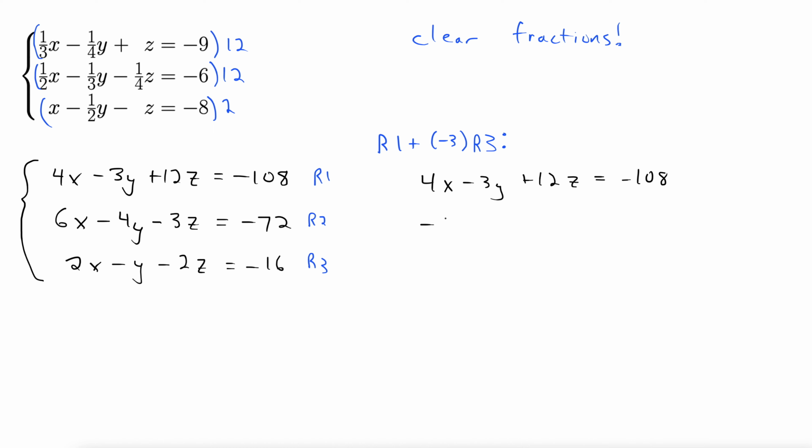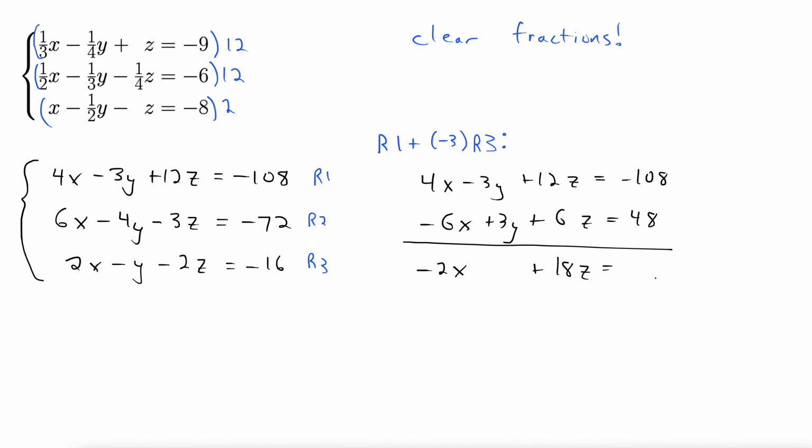Negative 3 times 2, negative 6x, negative 3 times negative 1, so plus 3y, negative 3 times negative 2, plus 6z equals negative 3 times 16 is negative 48. Alright, add those up. We get negative 2x. The y's cancel out, that's what we intended to have happen, plus 18z equals negative 60.